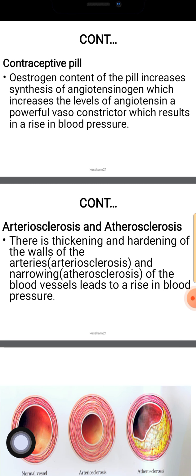This angiotensin 1 is not capable of constricting the vessels, so it needs to be converted again into angiotensin 2. Angiotensin 2 is very powerful such that it will constrict the blood vessels, narrowing the lumen, hence raising blood pressure.